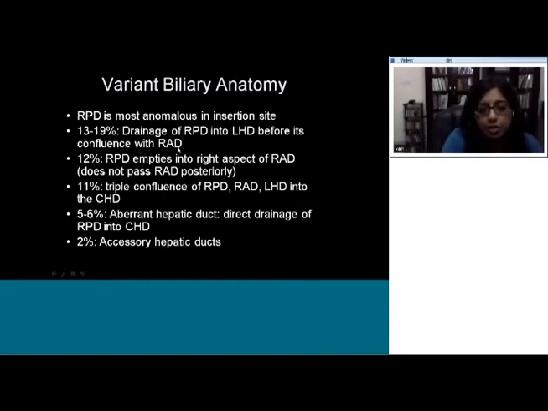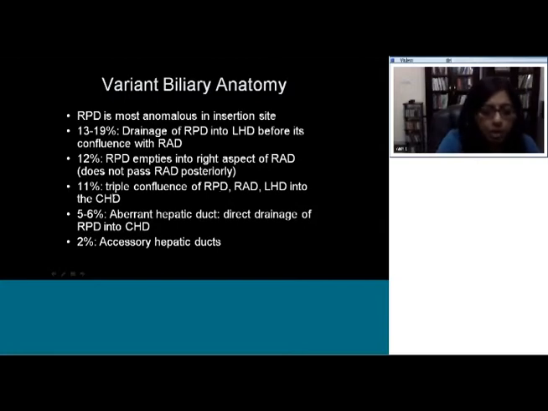In 12%, it empties into the right aspect of the duct and not the medial aspect, but really the lateral aspect of the duct. In 11%, you can have a triple confluence of both the anterior and posterior portions of the right duct as well as the left duct to form the common duct.